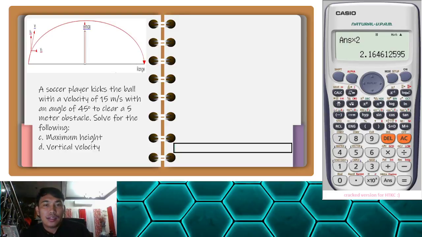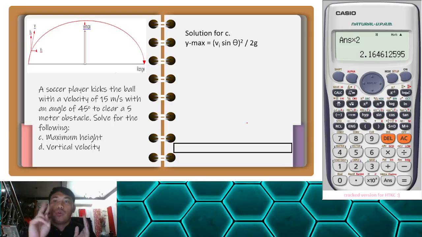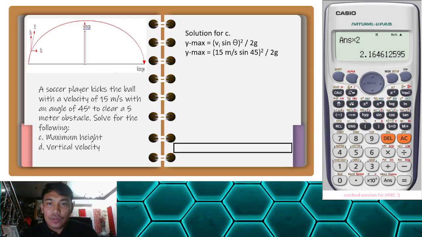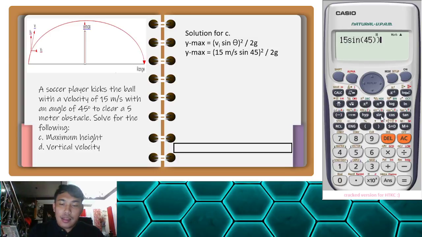Okay, so let's try to solve this one. Solution for C, maximum height, using the formula y max is equivalent to Vi sine theta, squared, all over 2g. So 15 sine 45, squared, divided by 2 times 9.8.